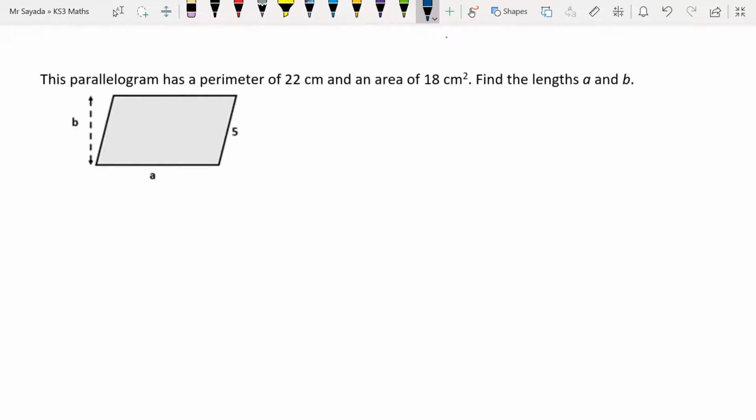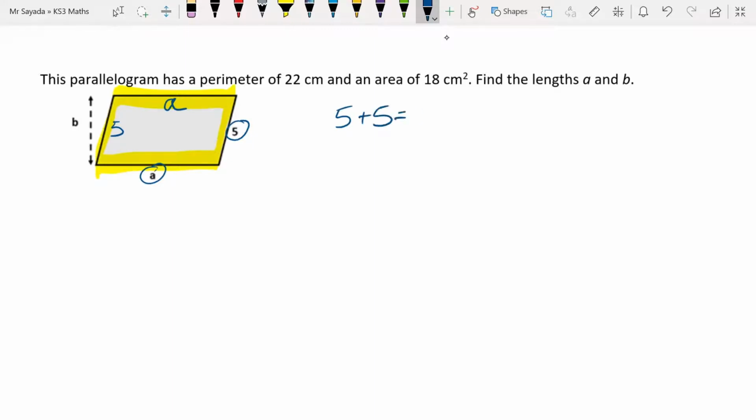I can use the perimeter that I've been given to work out A, because I know that the distance around the 2D shape needs to add up to 22. This side here is A, this side here is 5, this side here must also be A, and this side here must also be 5. So if I add all of those together, it should make 22. So let's start with the sides I know. 5 plus 5 is 10.